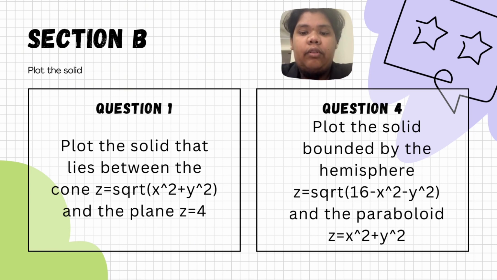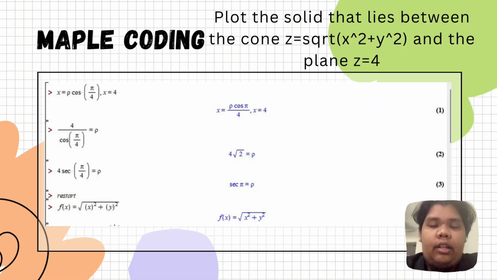And for another question, I choose question 4, which is plot the solid bounded by the hemisphere, z equal to square root of 16 minus x squared minus y squared, and the paraboloid z equal to x squared plus y squared. So let's do question 1 first.